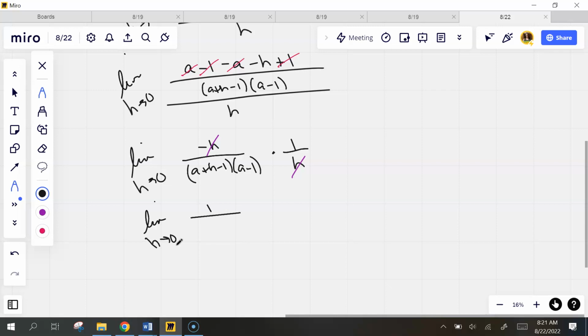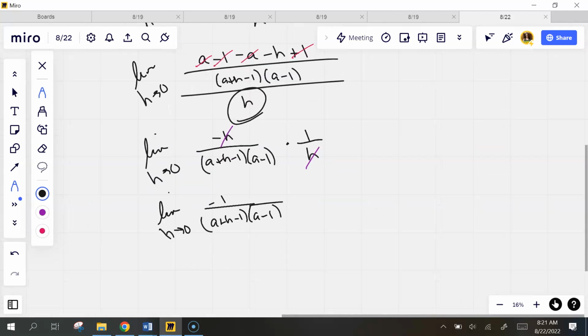Instead of dividing by that h, I went ahead and multiplied by the reciprocal. And all of these are going to end up multiplied by 1 over h, because that's our difference quotient from the beginning, divided by h.